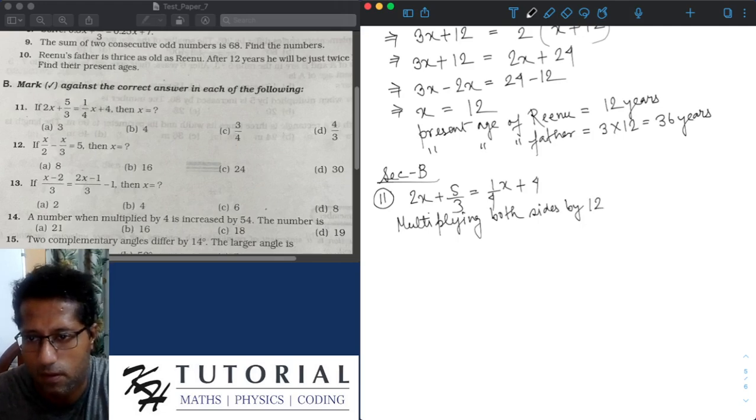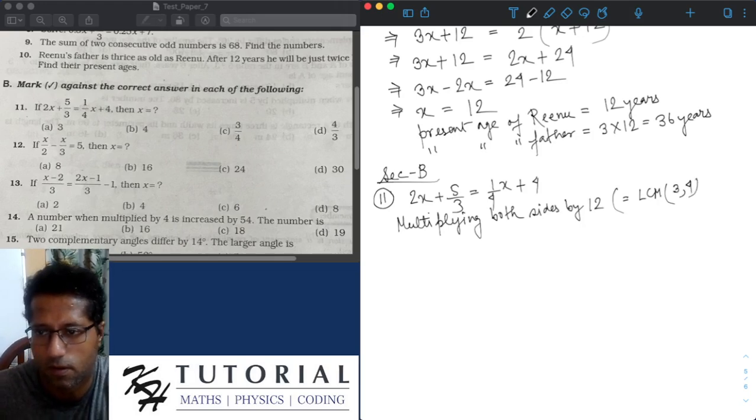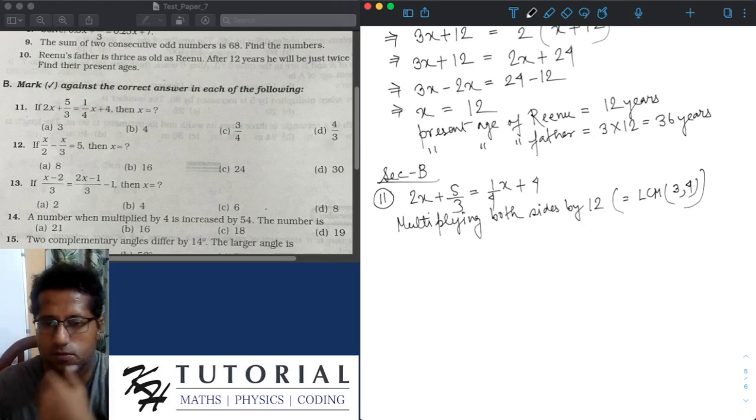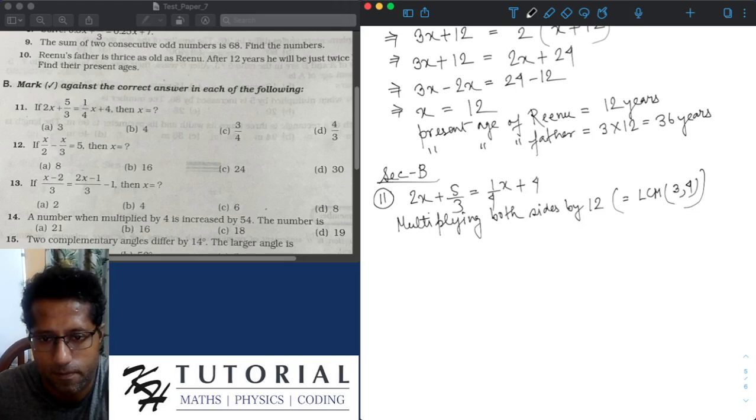Why 12? It is the LCM of 3 and 4, and 3 and 4 are the denominators of the two fraction terms. We get 12 into (2x plus 5)/3 equals 12 into (1/4)(x plus 4).